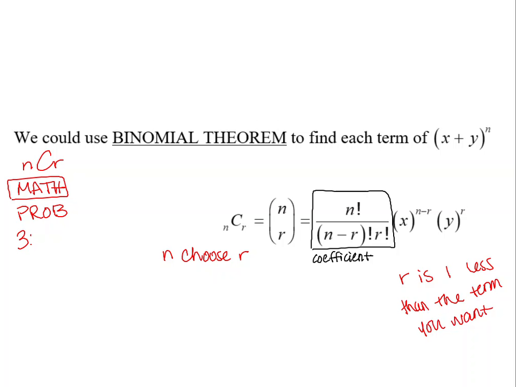And as I mentioned earlier, following these rules, the exponents of x and y will still add to n. So let's take a look at a few examples where we can use the binomial theorem instead of Pascal's triangle to find a specific term.